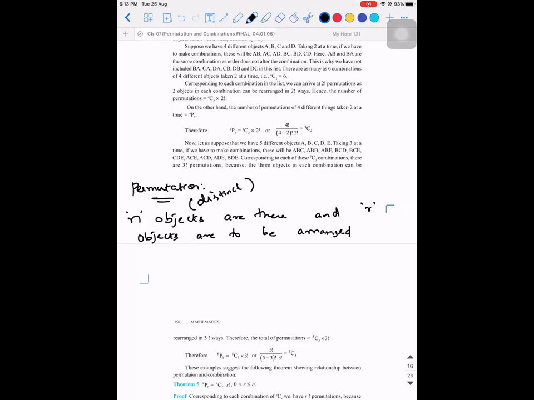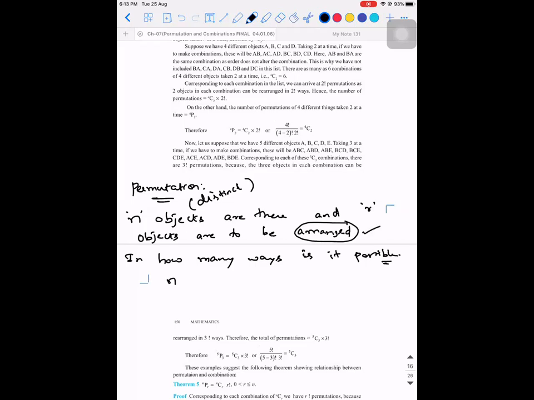It is not n into r. I've written the heading. Again, you're doing the same mistake. So you have n distinct objects and r objects are to be arranged. In how many ways can you do it? nPr. It is nPr.